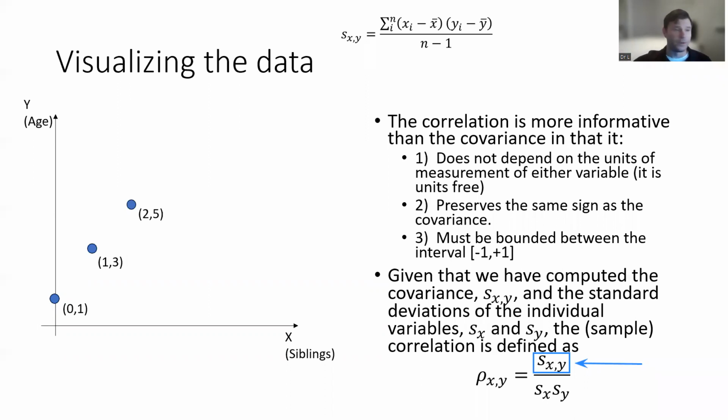Well, what's going to happen now is we're going to divide by the standard deviation, which is measured in siblings for the x variable, and we're going to divide by the standard deviation of y, which is measured in years for the y variable. So the top of that fraction, the numerator, has units of siblings times years. And now the bottom of the fraction also has units of siblings times years, meaning those units will cancel out, leaving us with this units-free metric that is the correlation coefficient.